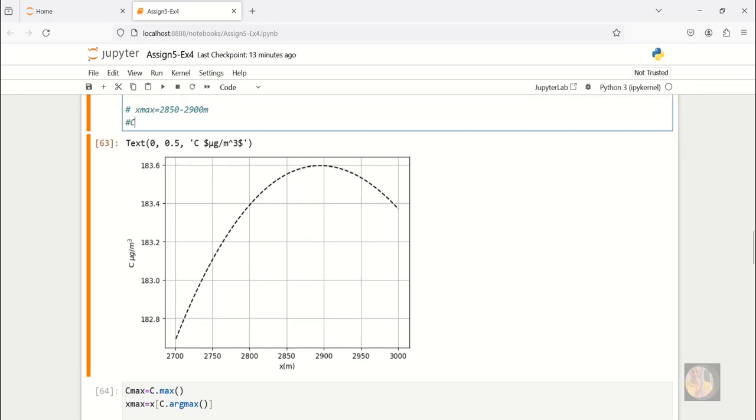So my Cmax is equal to 183.6 microgram per cubic meter. So this is the concentration if you calculate it using a graphical method.